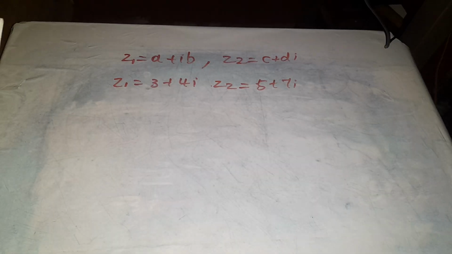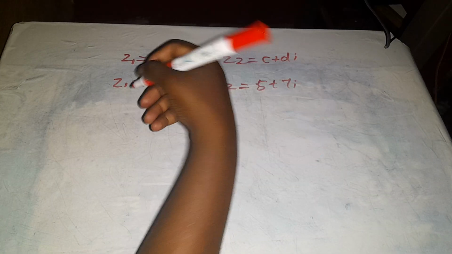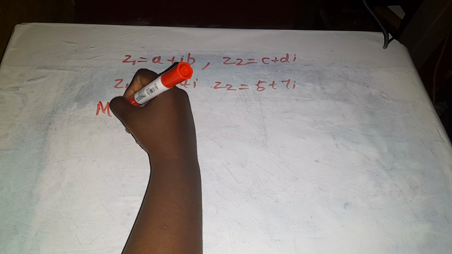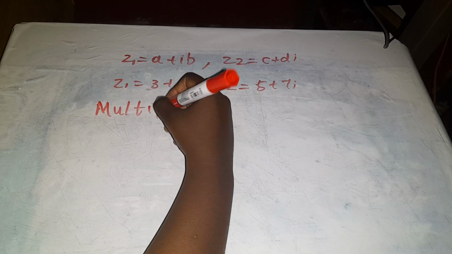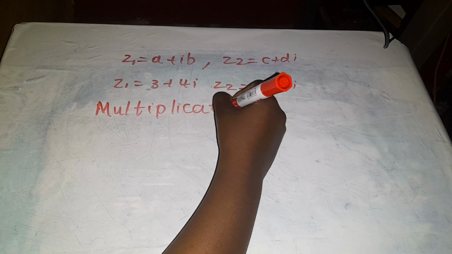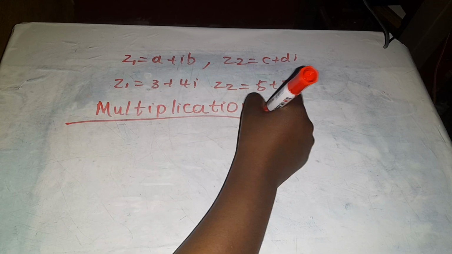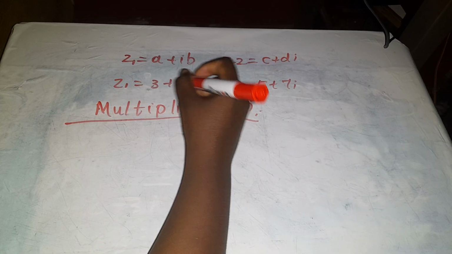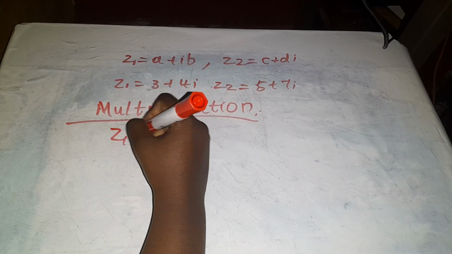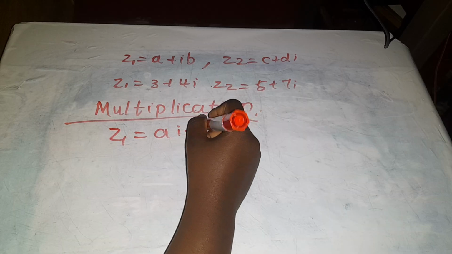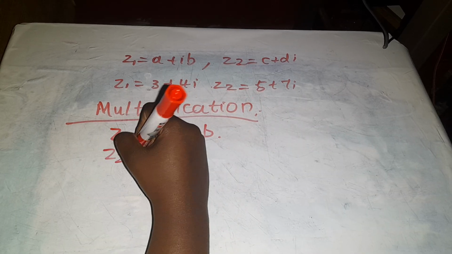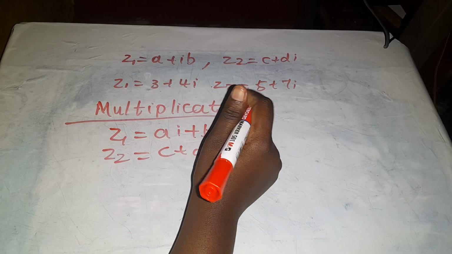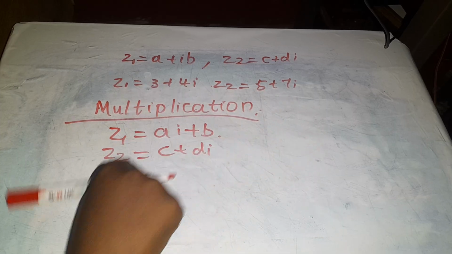Let's continue with the explanations. The next fundamental operation in complex analysis is multiplication, where Z1 is equal to a plus bi, Z2 is equal to c plus di, and you're told to find Z3.